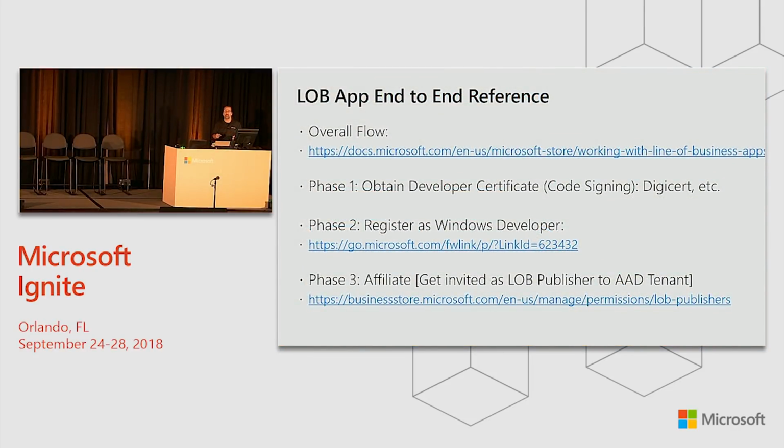So for a quick reference that you can come back to after this presentation's over and you go and actually download the slides, the overall flow is documented at docs.microsoft.com. And pretty much it's 3 phases. Obtain a developer certificate; I use DigiCert myself. Register as a Windows developer, and then affiliate, get invited as a line of business publisher to the Azure AD tenant for the store.